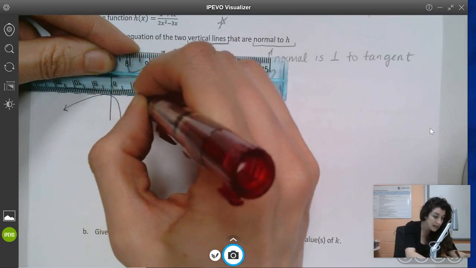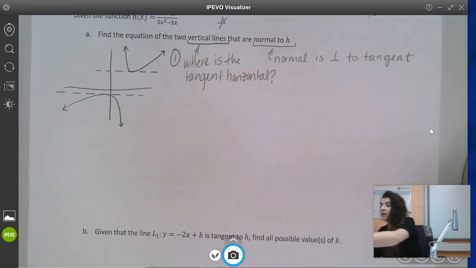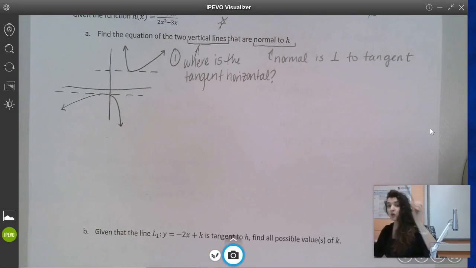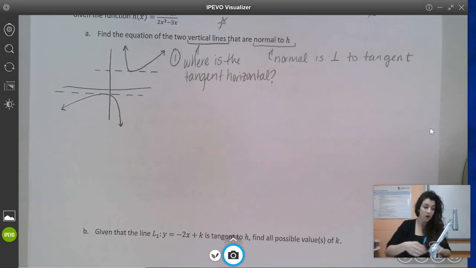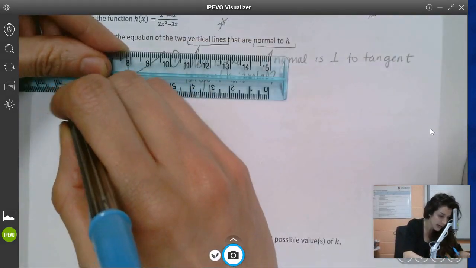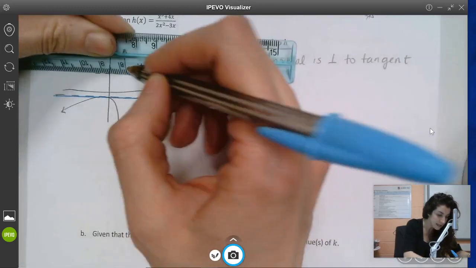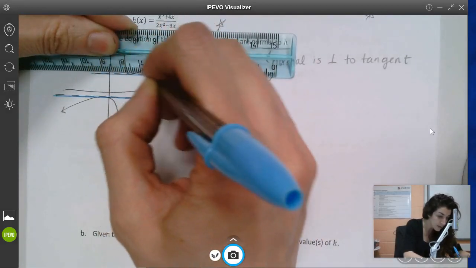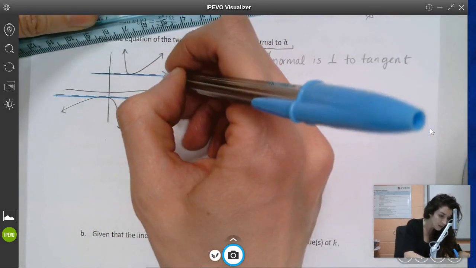Circling back to the question, which asks to find the two vertical lines that are normal to the graph. It makes sense that if I have two tangent lines that are horizontal, then I'll probably have two normal lines that are vertical.